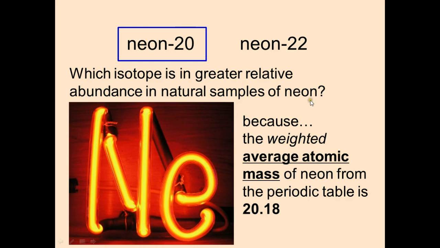Because the average atomic mass is 20.18, we know that there's more 20s because this number is so much closer to 20 than 22. Think of the grade scenario. If you have three 100s but one's like 80, the grade is going to be closer to 100 because there's more of them. Same thing with this scenario.